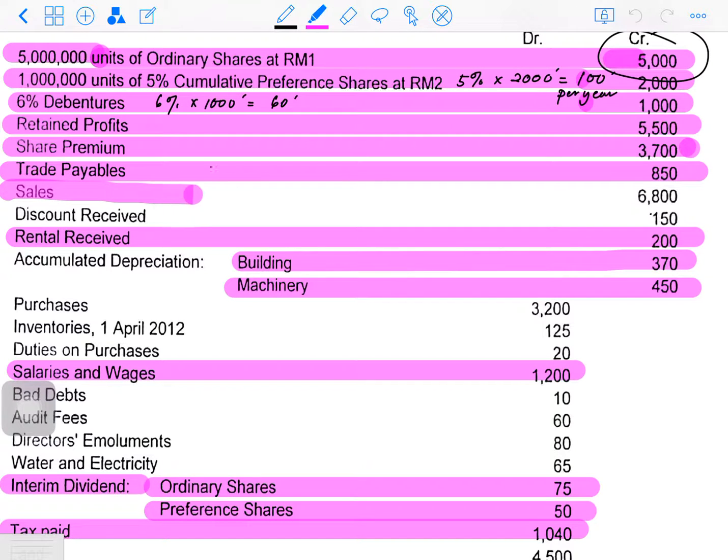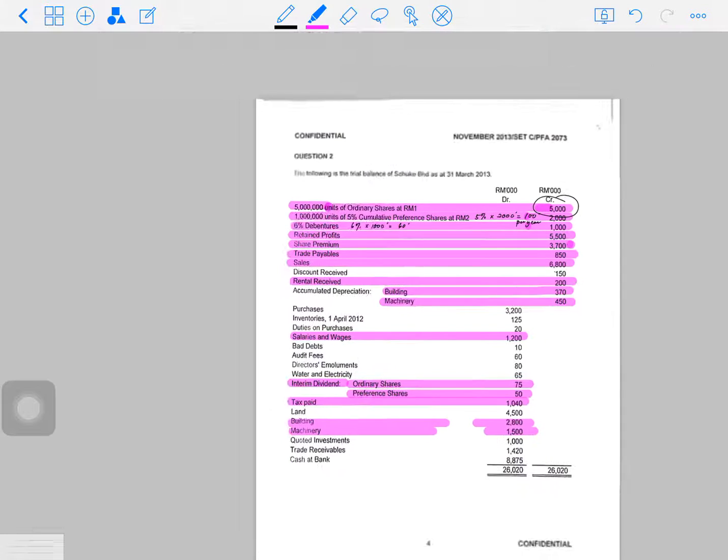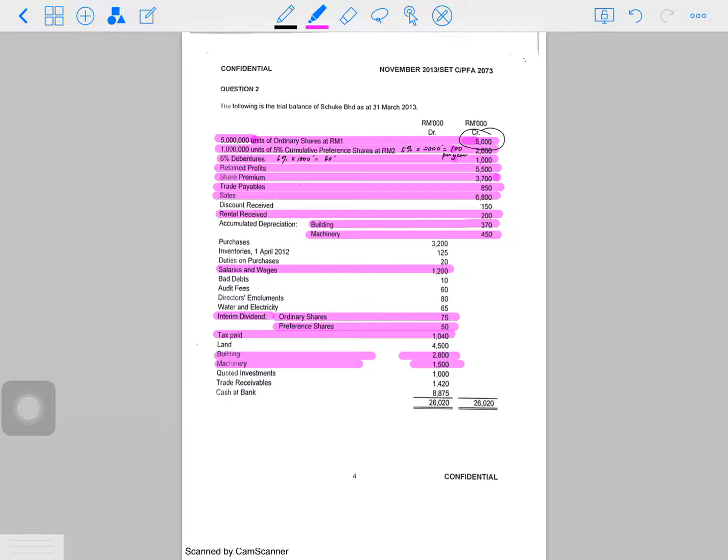Statement of comprehensive income. So sales, how much is that? 6,800,000. So you put here sales, 6,800,000. Okay, 6,800,000.